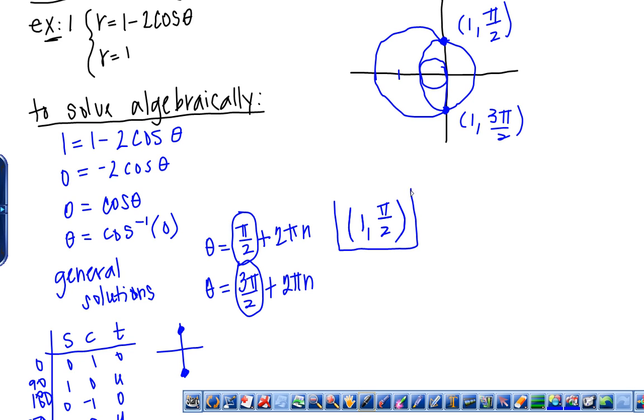So this is going to be a solution. And then in my second one, my radius is still 1, and the angle is 3 pi over 2. Okay, so we found it graphically, and I just showed you how to find it algebraically. So again, these are my solutions.